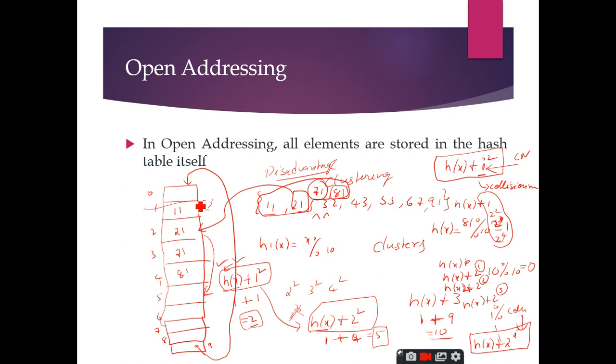Therefore all the values that result in the same key value occupy adjacent locations, thereby forming clusters, right? So to avoid these clusters, we implement quadratic probing, where you will be probing the quadratic location, right? Here it will be 71 and this is 81. So you can observe here that clusters are avoided, or the cluster size is reduced. Is it clear up to this point? Yes, sir.